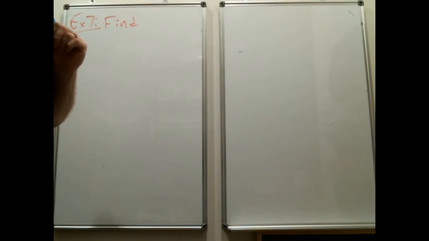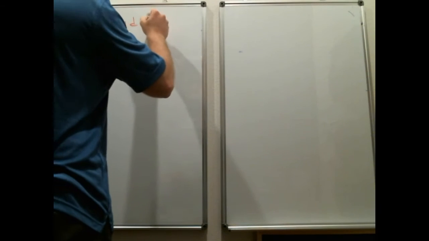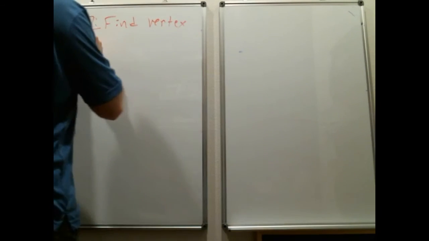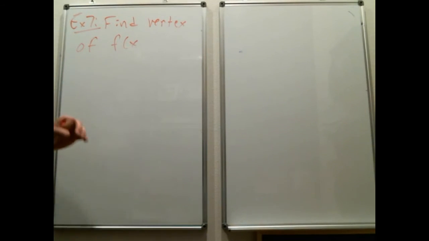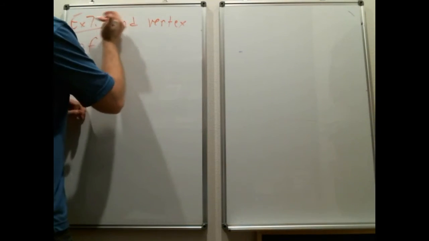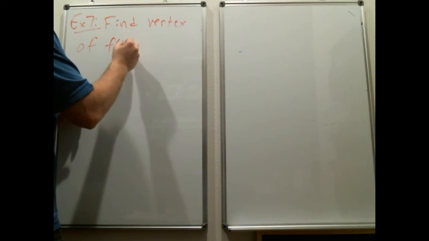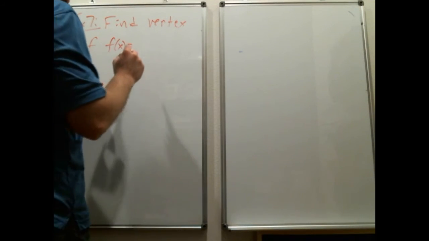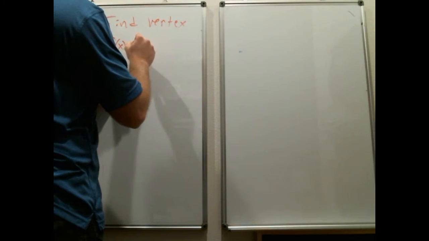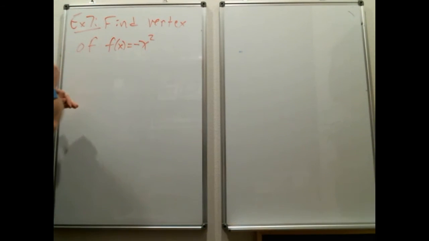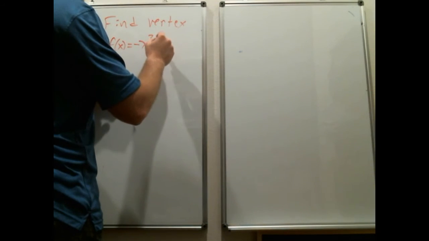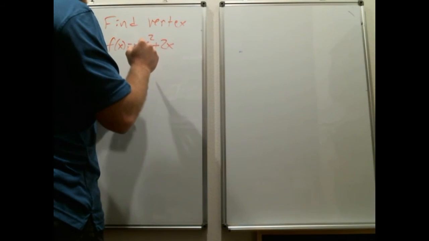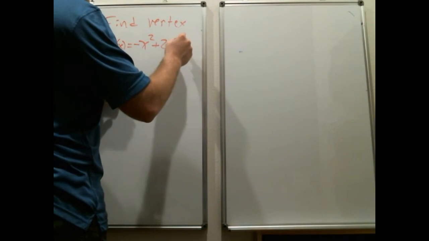Find the vertex of f of x equals negative x squared plus 2x plus 3.